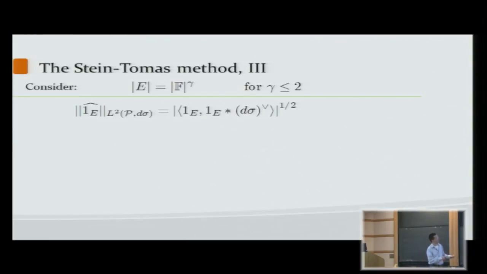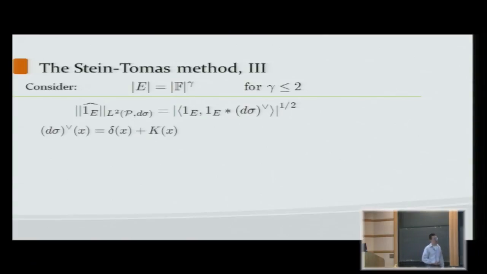But since this is a restriction to the paraboloid, I can stick on the characteristic function of the paraboloid, and then when I take the Fourier transform, I'll get the set convolved, because if I take the Fourier transform of the product of two things, it becomes a convolution. I get the convolution of the characteristic function with the Fourier transform of the characteristic function of the paraboloid.